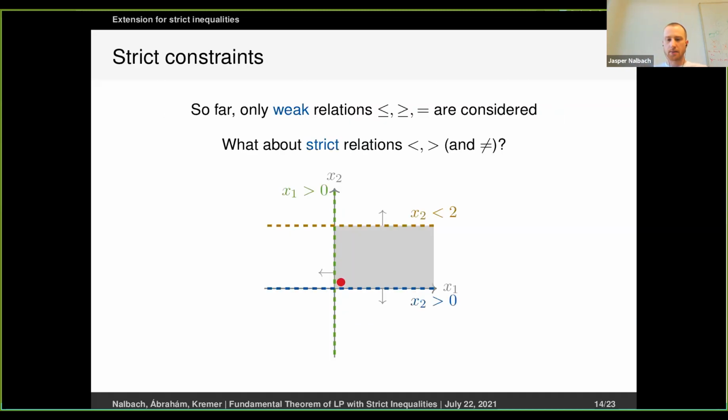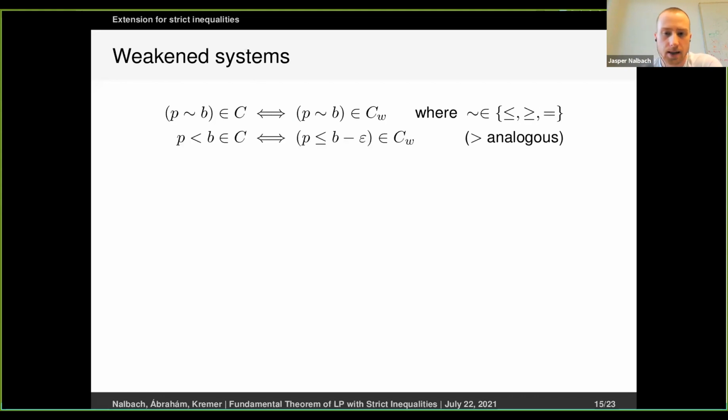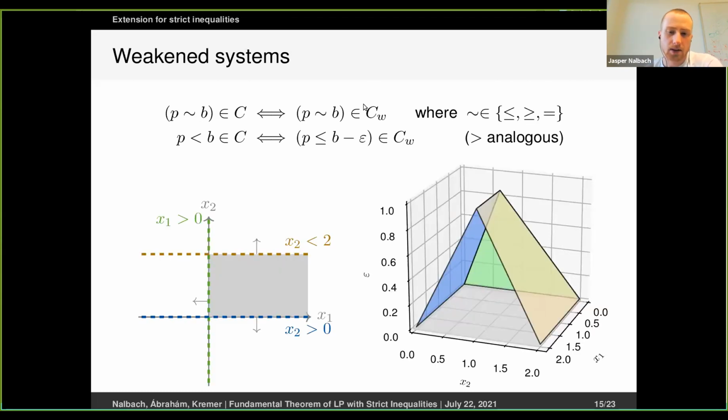Okay, so how do we do that? We do that by first eliminating strict constraints by introducing a new variable epsilon, and we will assume that we assign to epsilon a value that is small enough, but above 0. Okay, so this will be the interpretation of our variable.